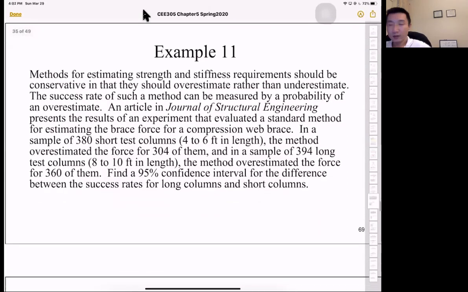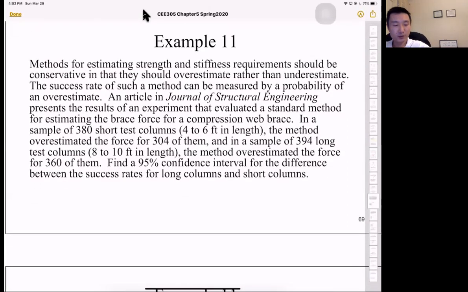All right, so here is an example. A method for estimating strength of stiffness requirement should be conservative, that is, it should overestimate rather than underestimate.